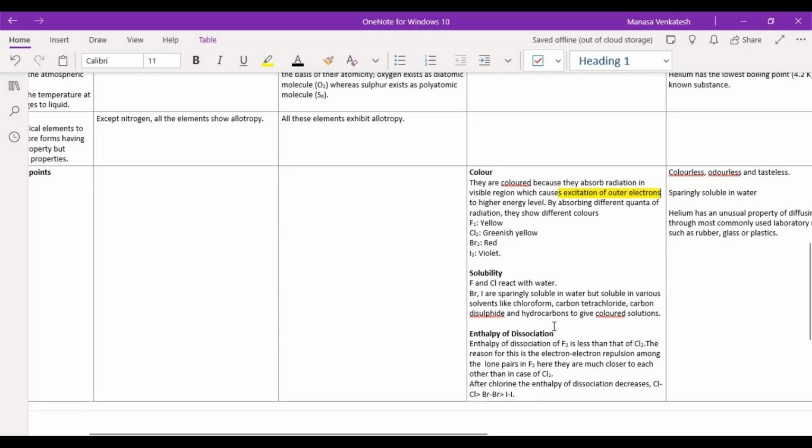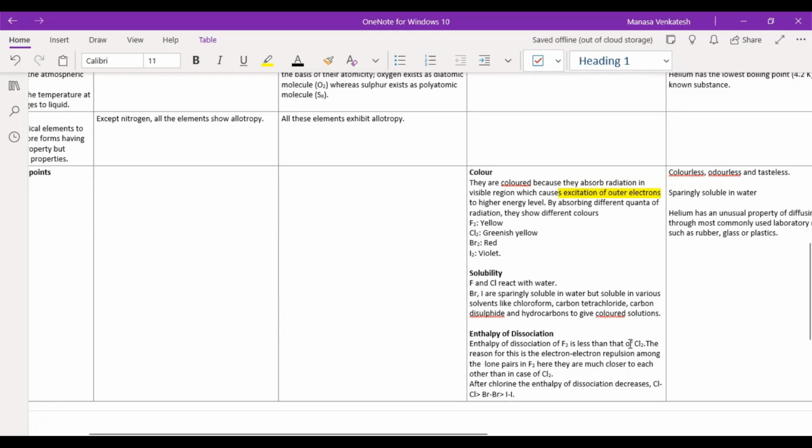Enthalpy of dissociation. Enthalpy of dissociation basically means the ability for us to break a bond. For fluorine, it will be lesser than that of chlorine. This is because fluorine atoms are small sized, right? Because they are small sized atoms, the electrons basically repel each other, so they easily get separated. So the enthalpy of dissociation is less for fluorine than that of chlorine.